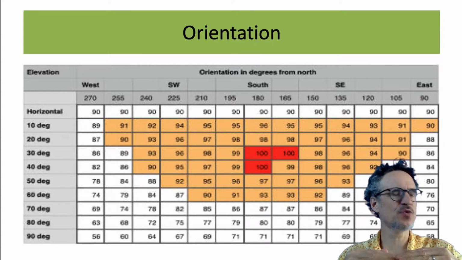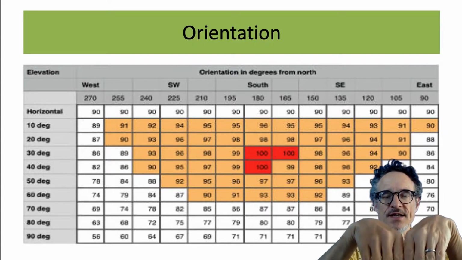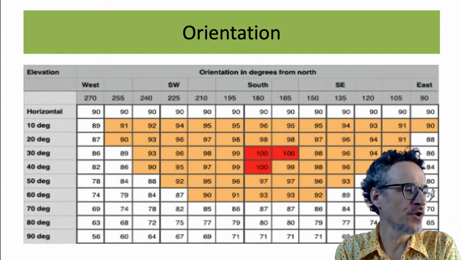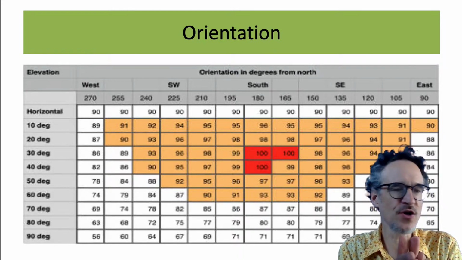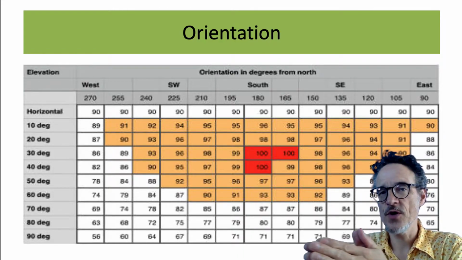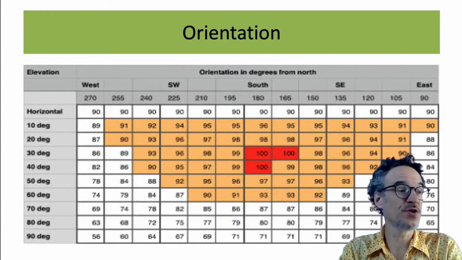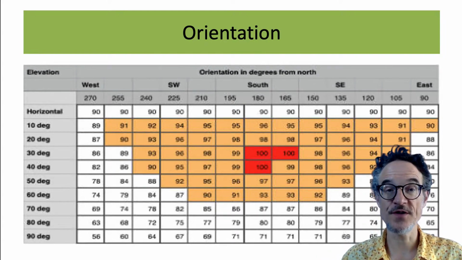And something between 30 and 40 degrees is the optimum angle for the panels. You can see from here that as you go away from south, your efficiency drops. And as you go away from 30 or 40 degrees, your efficiency also drops.